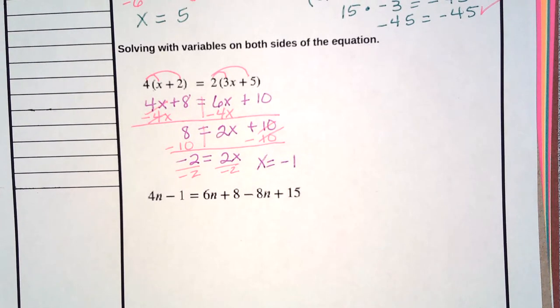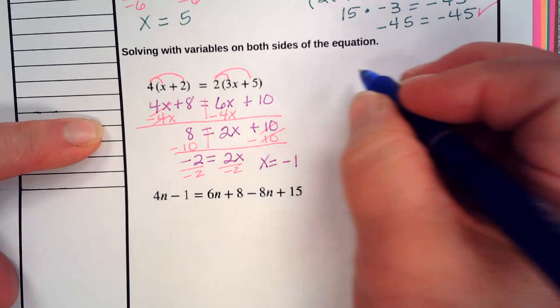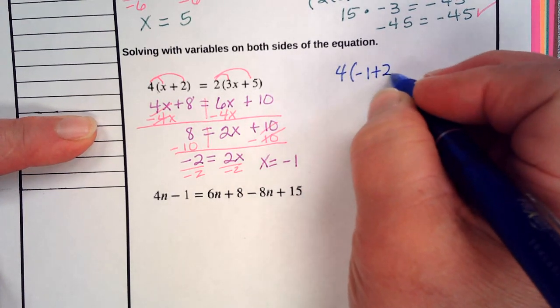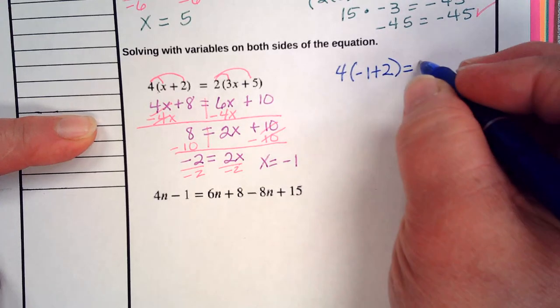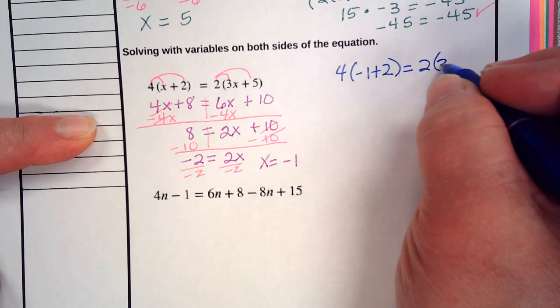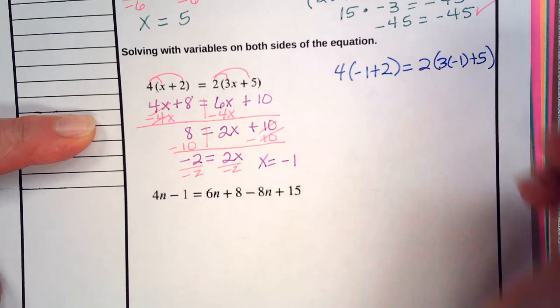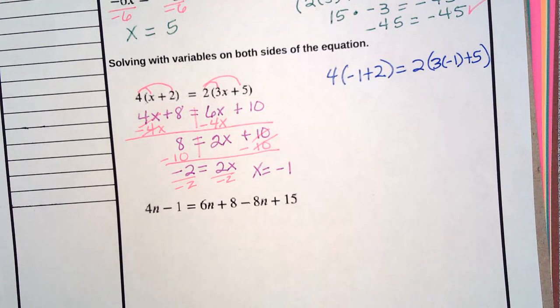Did I do it correctly? Do I need to check? Yeah, probably ought to. So let's check. So I'm going to go 4 times -1 plus 2. Is that equal to 2 times 3 times -1 plus 5? Order of operations says I do what first?